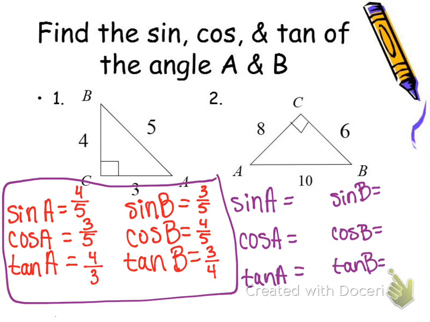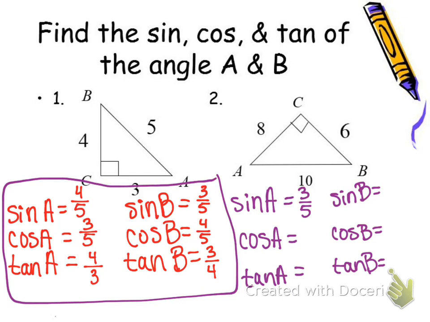Who can help me out with the sine of angle A? Six over 10, which reduces to? 6 over 10? 3/5, good. If you just said it, you better say it louder. I'm old and deaf.